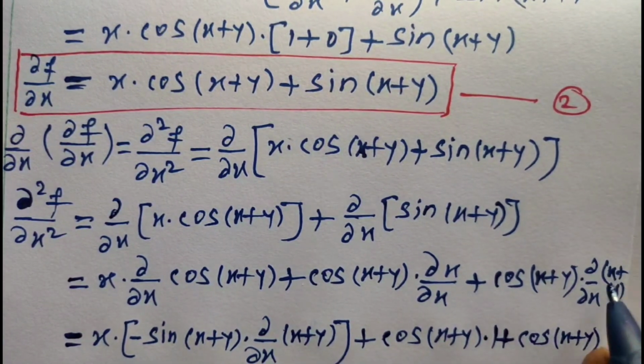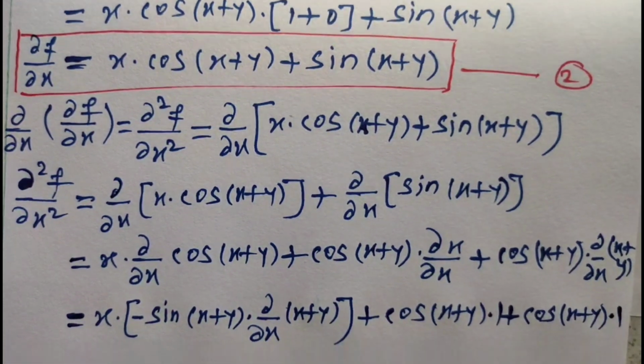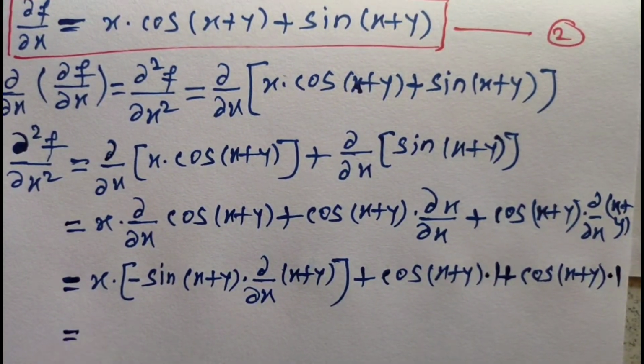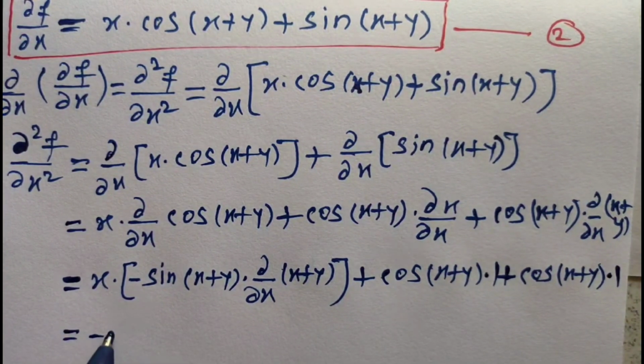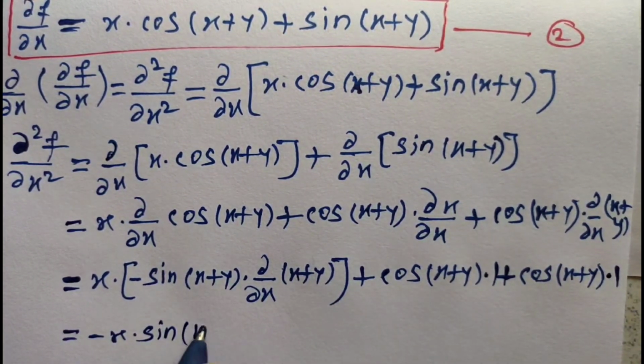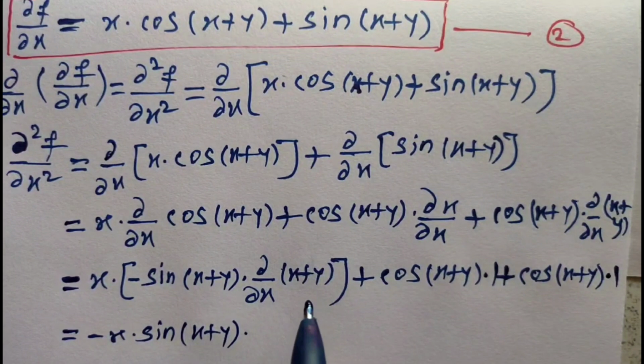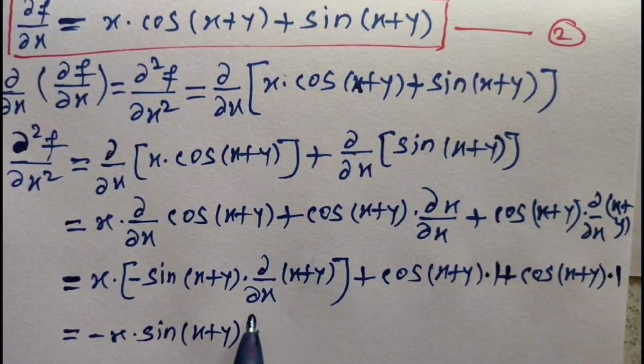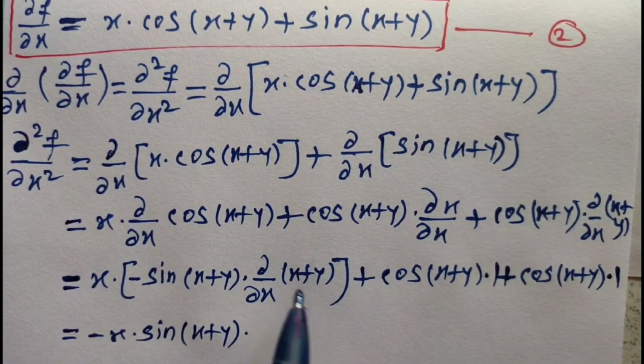Here derivative of x with respect to x is 1 and derivative of y with respect to x is 0. So this is 1, and then this is equal to minus x into sine of x plus y. Now directly we can find derivative of this bracket with respect to x. Derivative of x will be 1 and derivative of y will be 0.